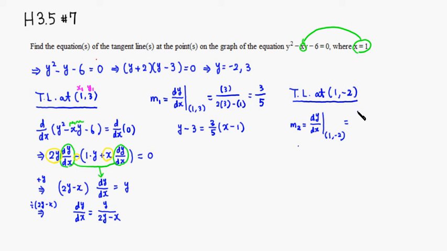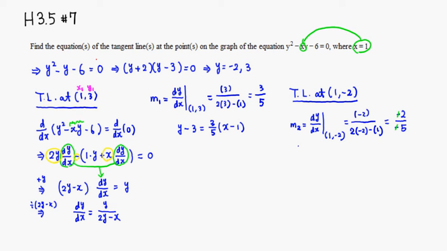So y is -2, divided by 2 times y, so it's -2, minus x, which is 1. That gives us -2 over -4 minus 1, so -5. So this is just 2/5.